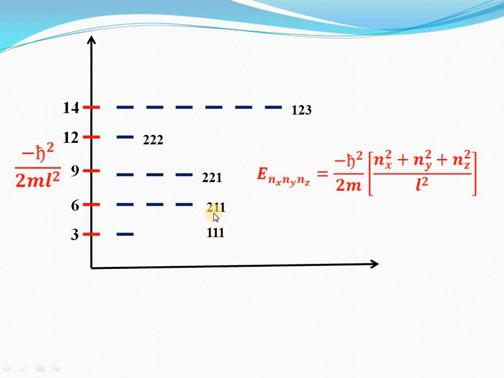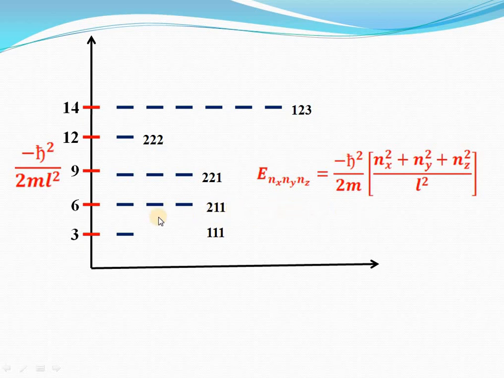Now the 211 energy level has 3 degenerate energy levels, because 211 can be 211, or it can be 121, or it can be 112.